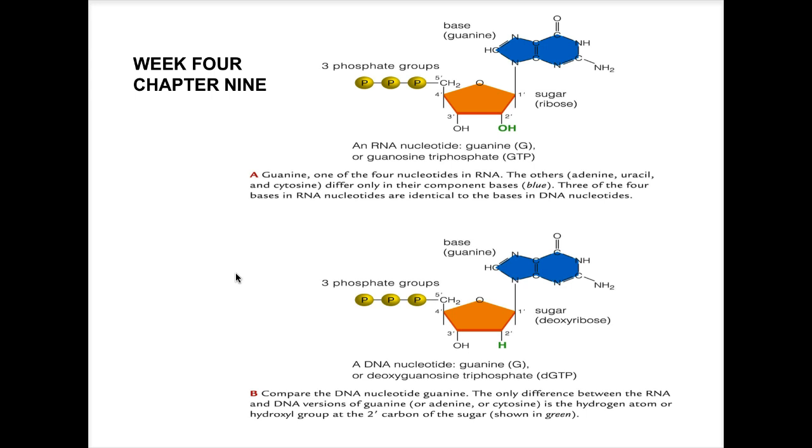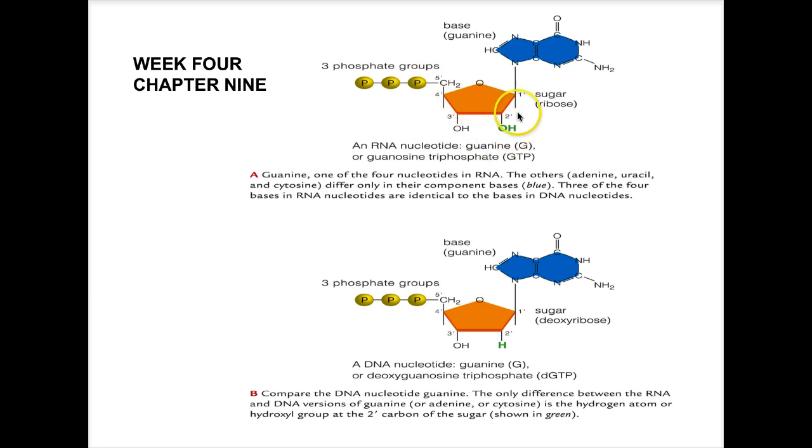So let's get started. On this slide, what we see is a comparison of a nucleotide from RNA compared to a nucleotide from DNA. If you recall, nucleotides are the building blocks of nucleic acids, and each nucleotide is made up of three basic structures. Three phosphate groups, as you can see here, are common to both a DNA nucleotide and an RNA nucleotide.